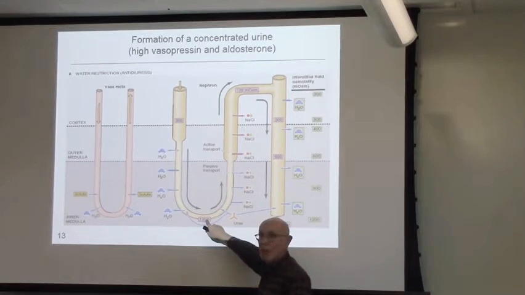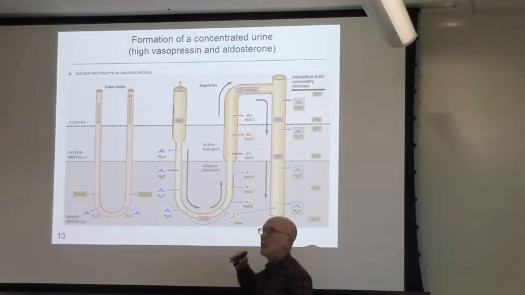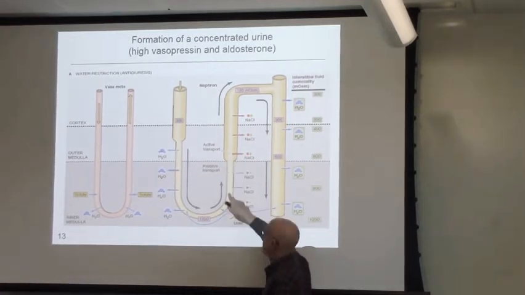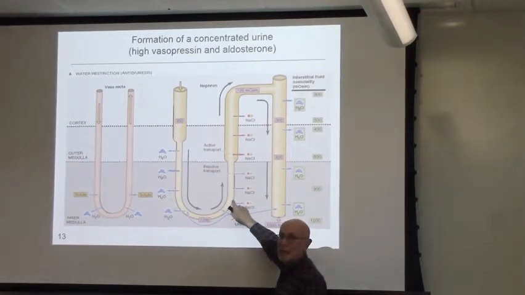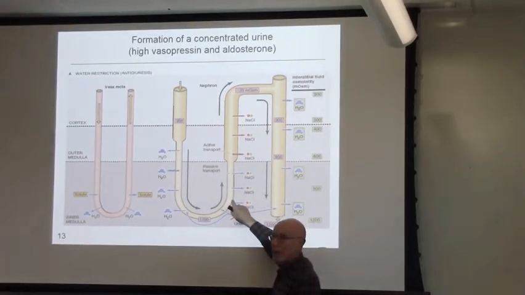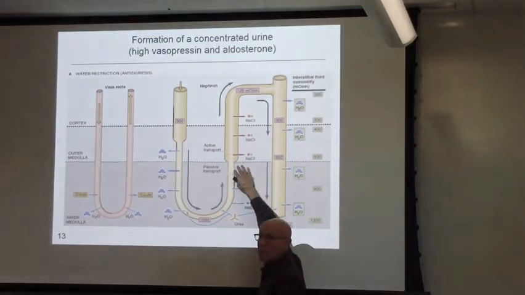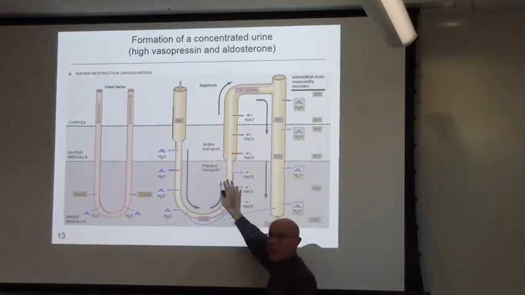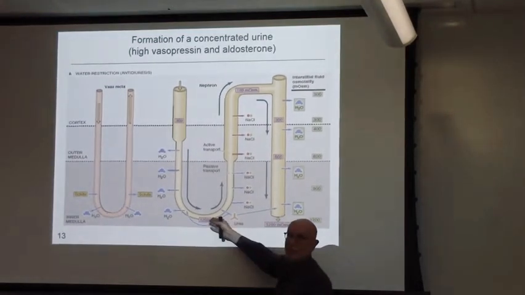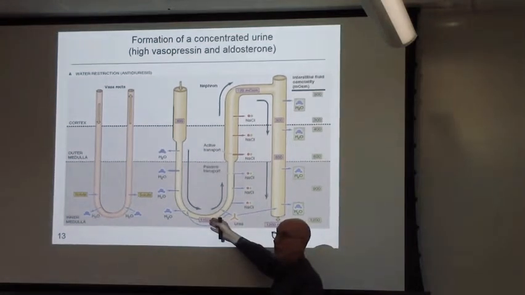Why is this more? The answer is we use a hormone to tell the ascending limb, make more sodium potassium ATPase and make more sodium potassium 2-chloride cotransporters. Turn this on. By turning this on and leaving everything else the same, we make a more effective countercurrent multiplier. And so it makes a higher gradient in the deep medullary interstitium.